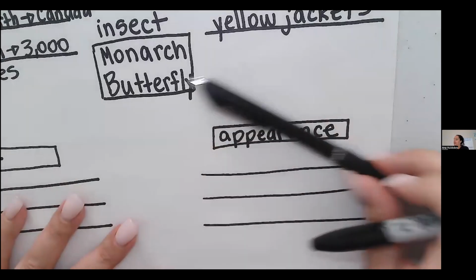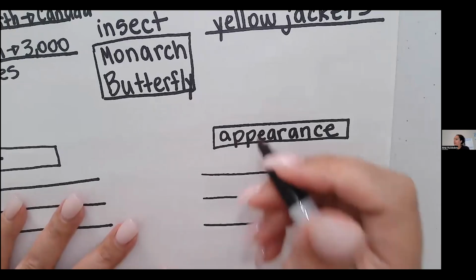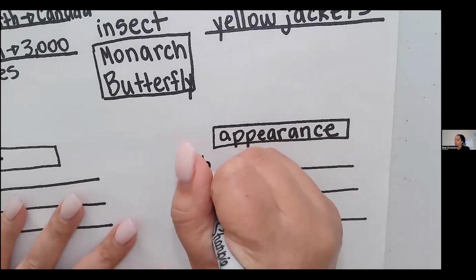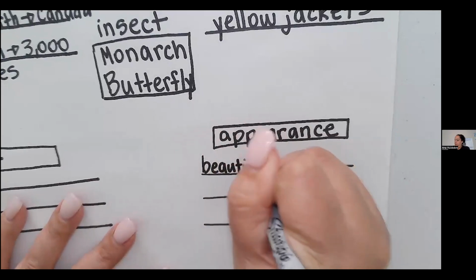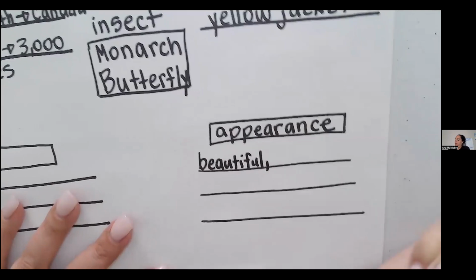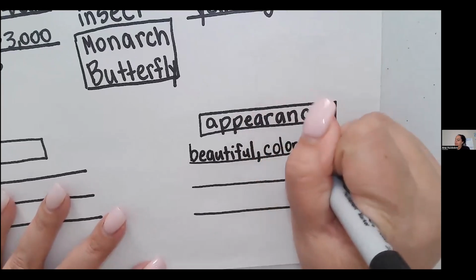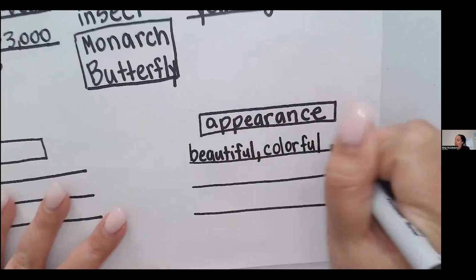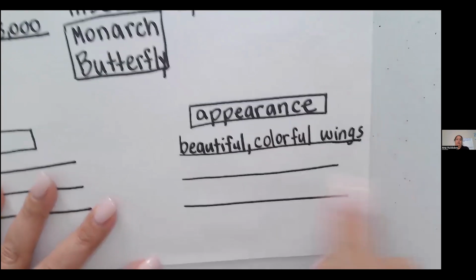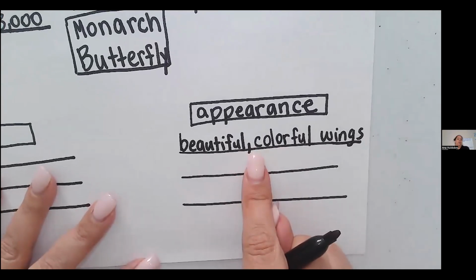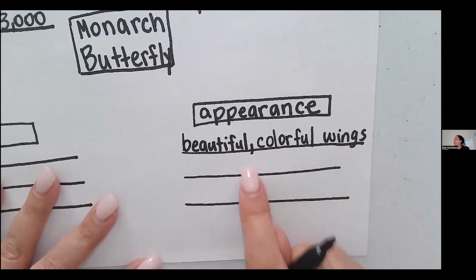How about beautiful, colorful wings? I used 2 adjectives and I separated them with a comma. You don't only need to have one adjective, you could have more than one. Beautiful, colorful wings.